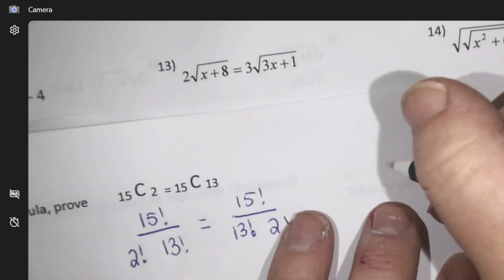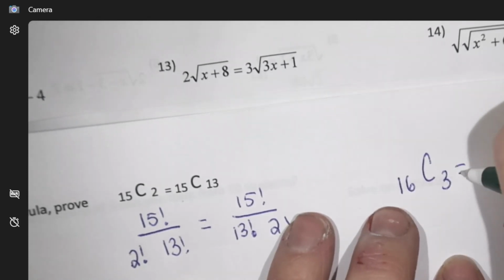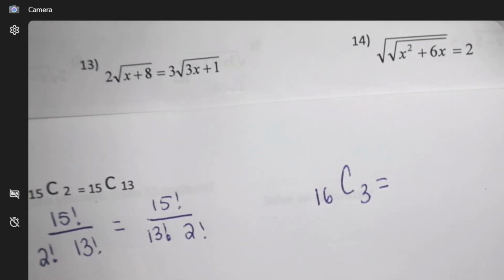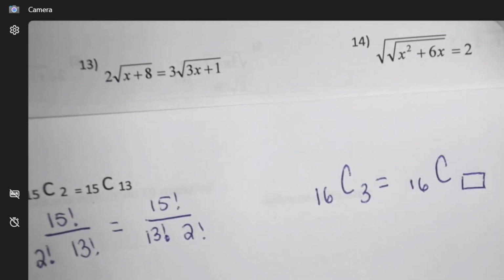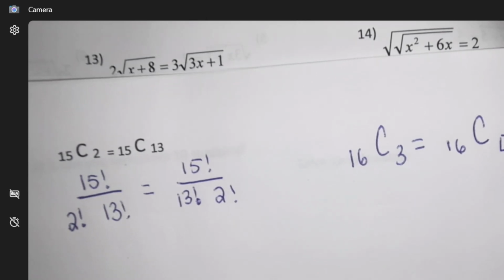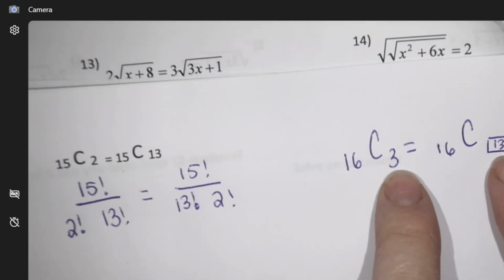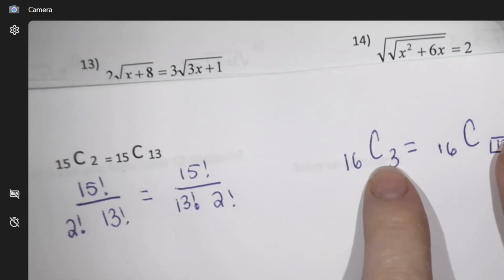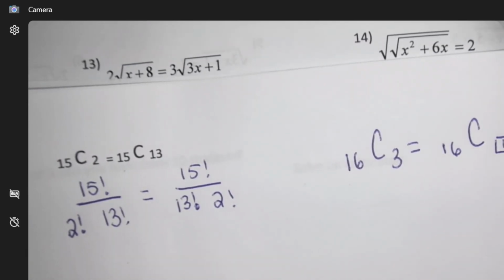So if I ever did something like this, 16 choose 3, that should be the same thing as 16 choose 13. Whatever numbers make 16 together, the subtractions. 16 minus 3 is 13, so then it'd also be the same.